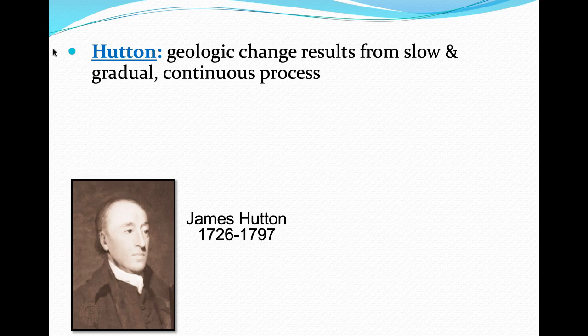There are two geologists who helped contribute to Darwin's thinking about change over time. One of them is James Hutton, and he suggested that Earth didn't change from a drastic event, but that it had to be a slow and gradual continuous process that was even occurring in the 1700s, that Earth wasn't exactly fixed.